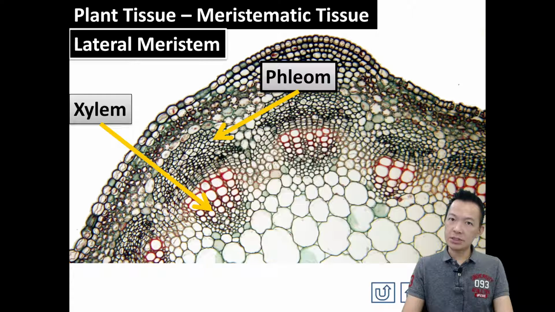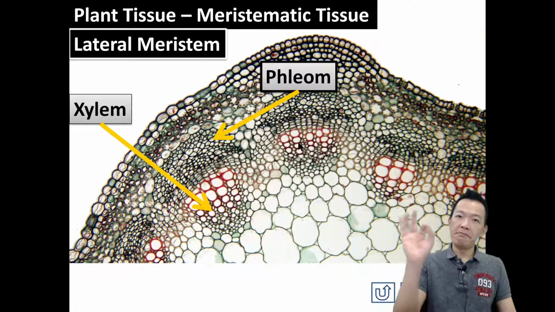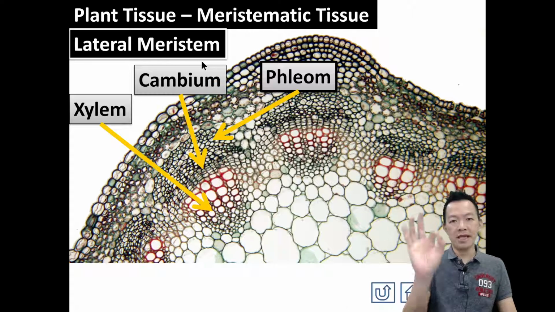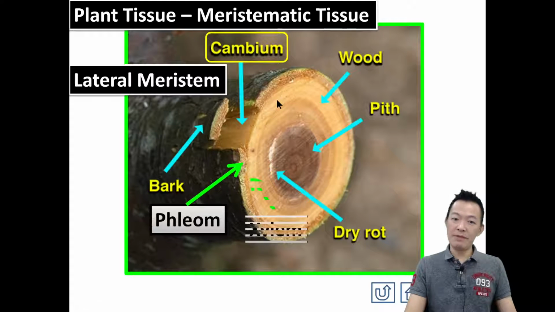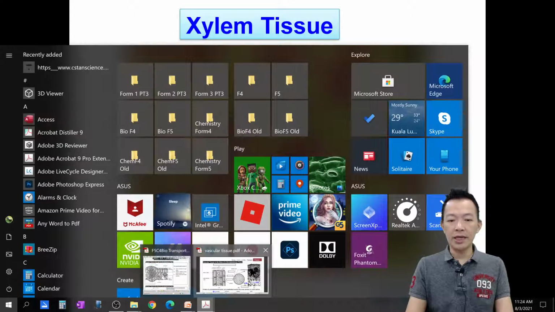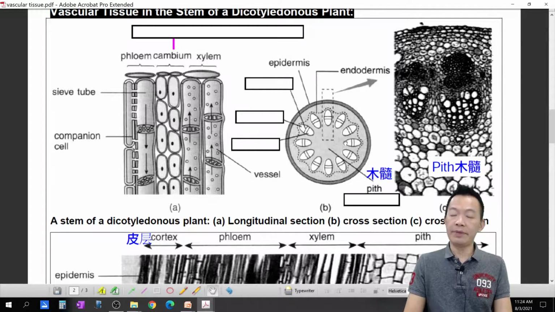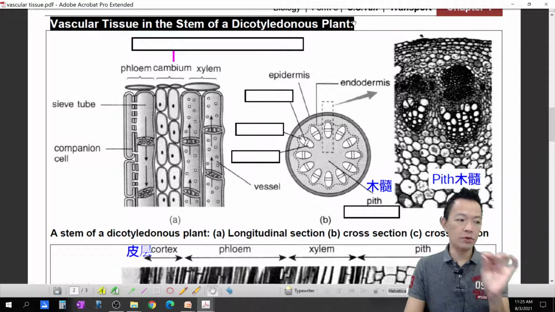And between the xylem tissue and phloem tissue, normally we still have another type of tissue. Still remember? Meristematic tissue, lateral meristems, right? It's called cambium tissue. Cambium makes xylem and phloem tissue. You should remember. Okay, and now continue to label our notes. Page number 3 now. Vascular tissue in the stems of the dicotyledonous plants, woody stem plants.